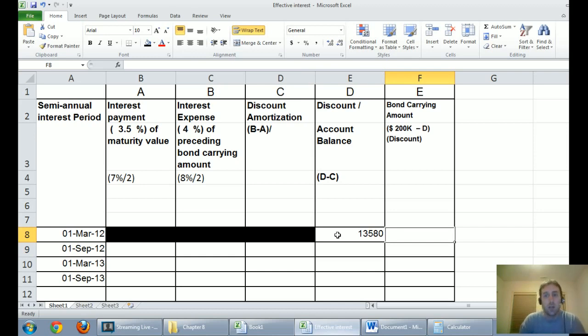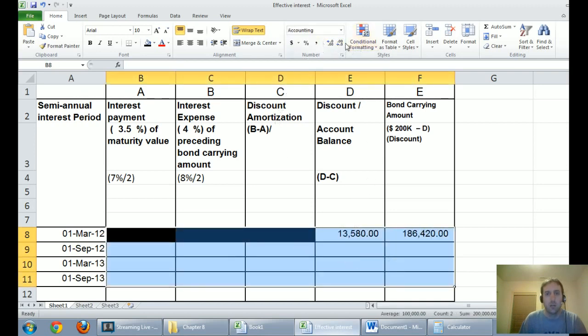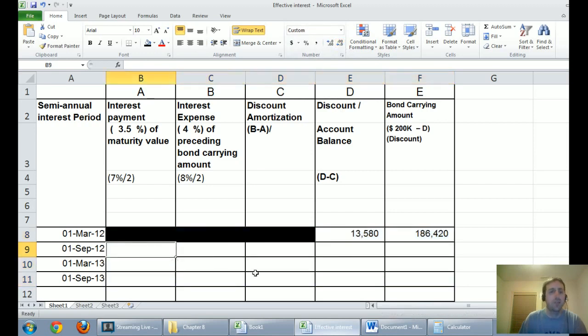Our bond carrying amount, using the formula 200,000 minus D, is 200,000 minus 13,580, which is 186,420. The first line there is always going to be the amount of money that we got. Let me reformat these cells. There we are. Let's move on to the next period.